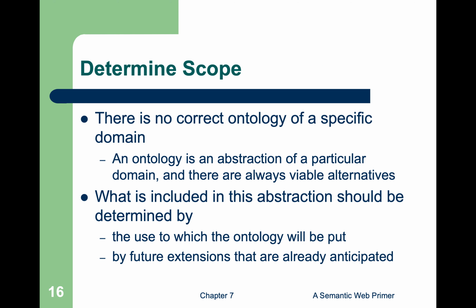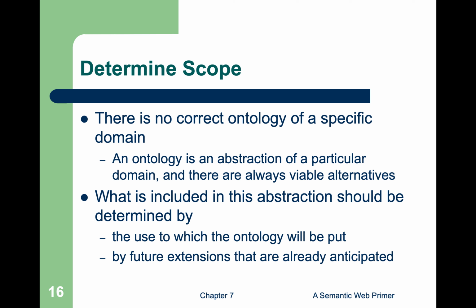So, determining scope, right? There is no single correct ontology of a specific domain. An ontology is an abstraction of a particular domain, and there are always viable alternatives. Since this is a language, an ontology of one language will be different from another. Not only that, but an ontology created by one group can be different from an ontology created by another group.